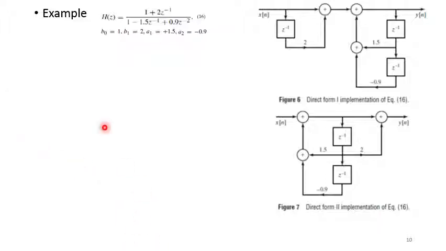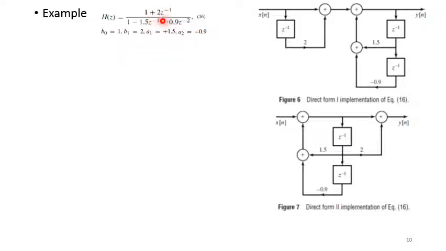So as another example, consider a second order system with a system function as described here. By looking at the system function, you can easily tell that the coefficients are b0 equals 1, b1 equals 2, a1 equals plus 1.5, and a2 equals minus 0.9.